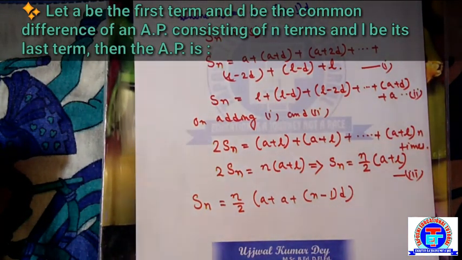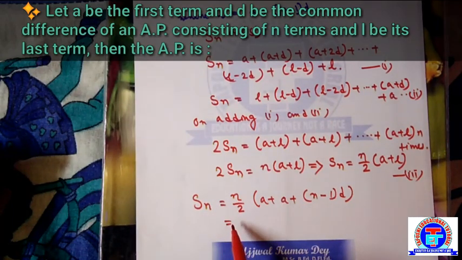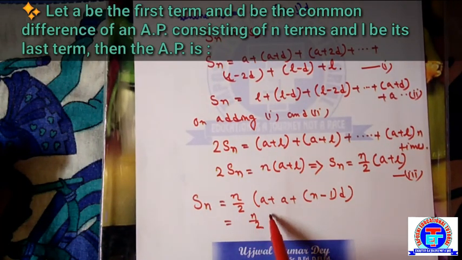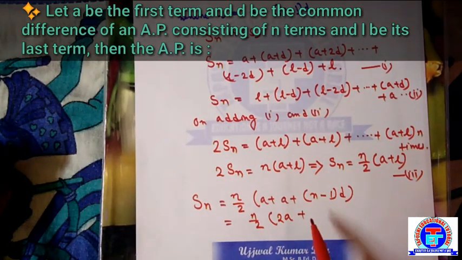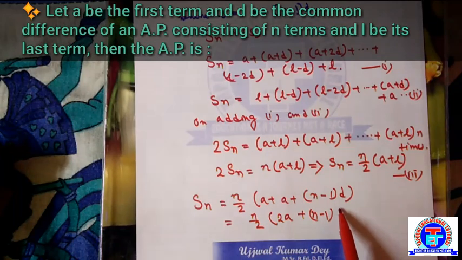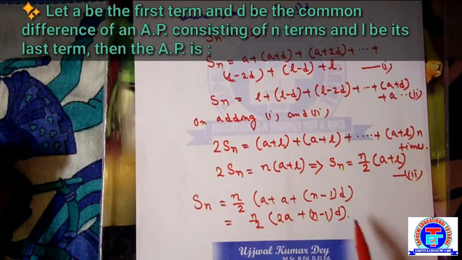So we can write here n by 2 into (2A plus (n minus 1) D), right?